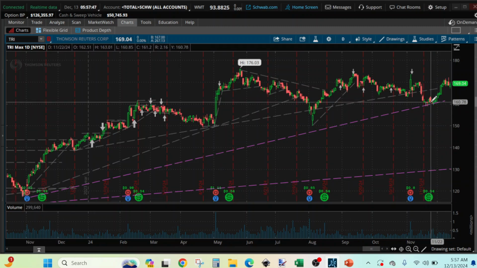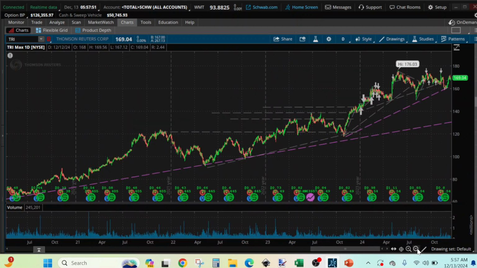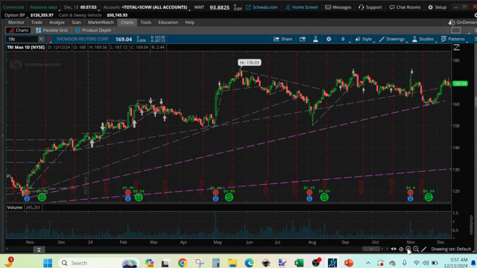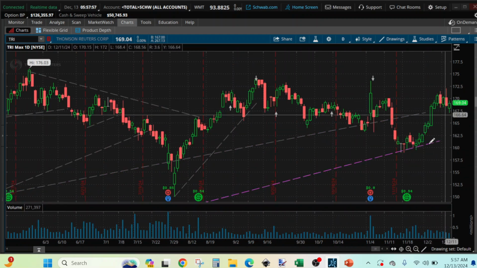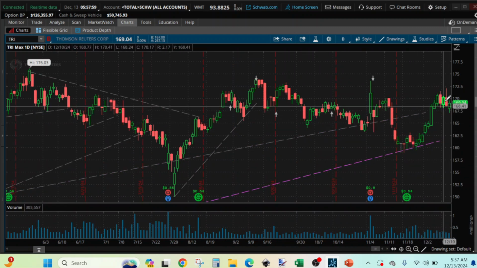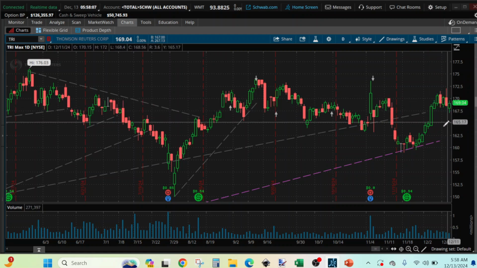It touched base with it. It's already past it, but barely. And we do have this trend line going on here. What I'm going to suggest is I can purchase some if I'm interested.